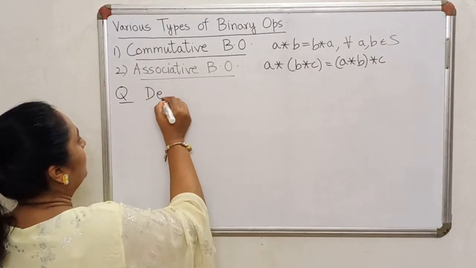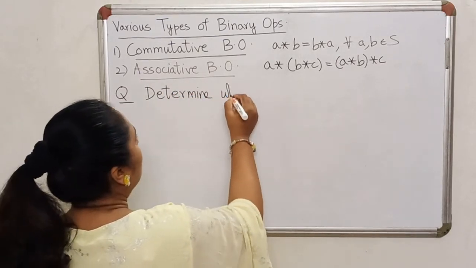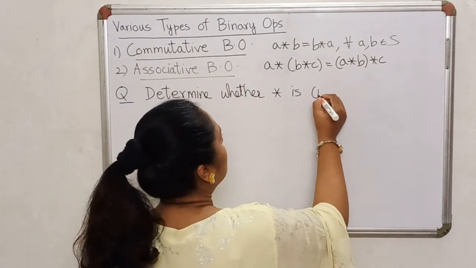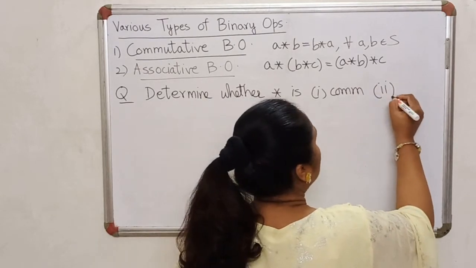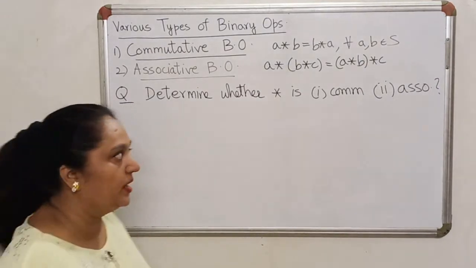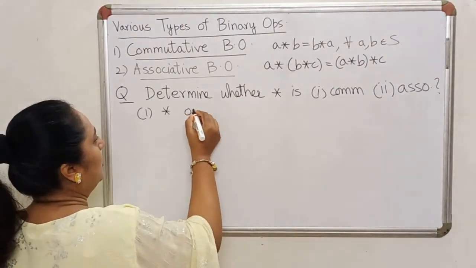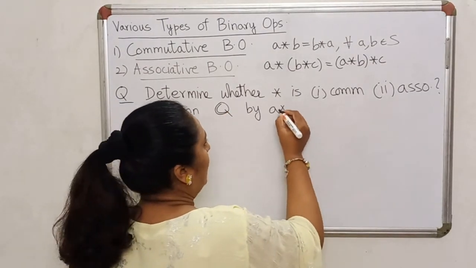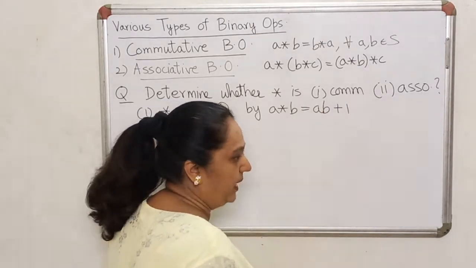So determine whether star is commutative as well as associative. And the first example is, let star be defined on the set of rational numbers by A star B equal to AB plus 1.